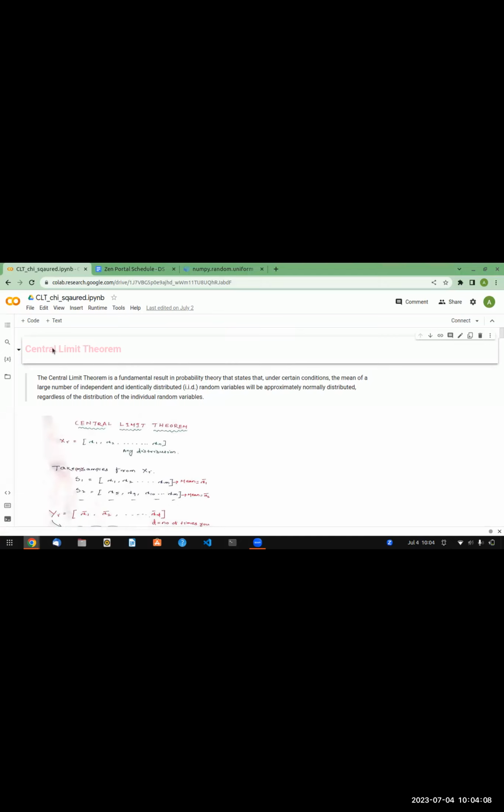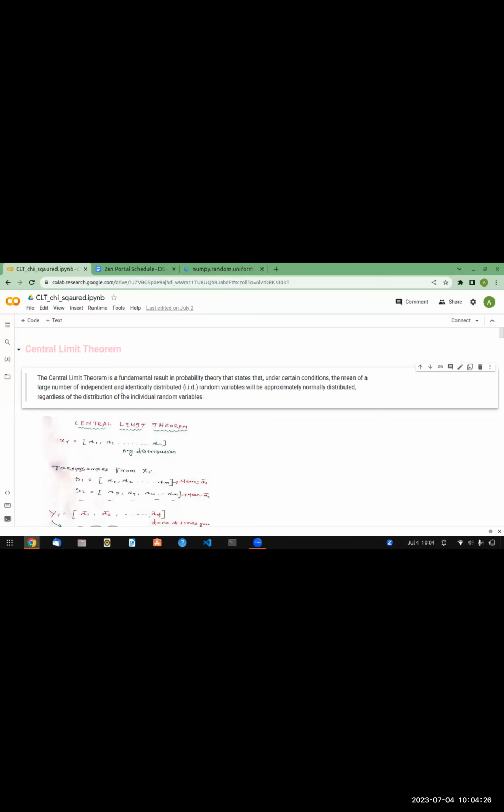The central limit theorem is a very basic and widely used theorem. And once you understand this, it is going to be fun actually. Now first let's understand what the central limit theorem is saying. If I read this, you won't understand. But be with me, I'll explain this to you.